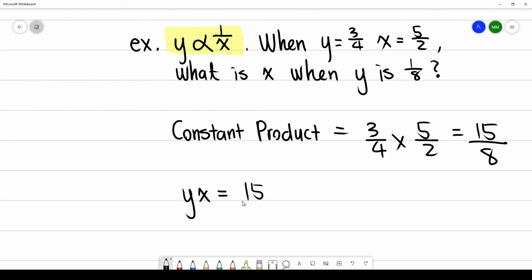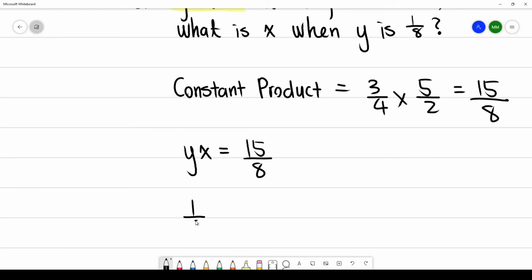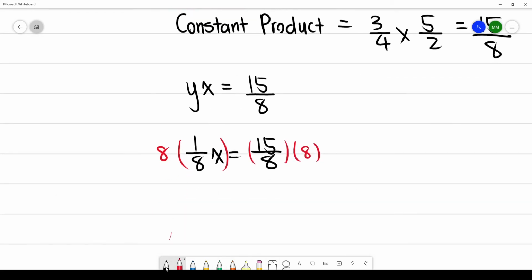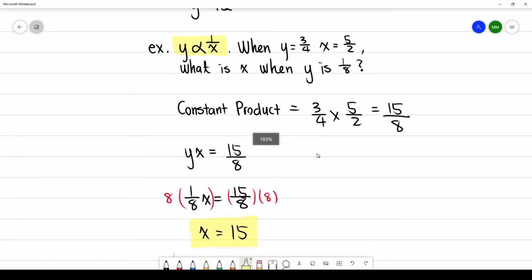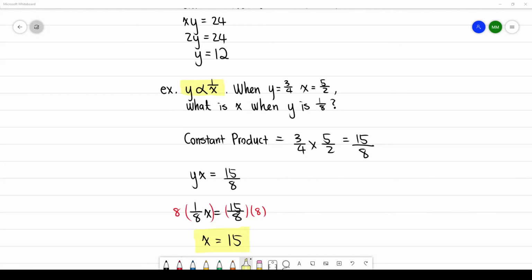So equal to 15 over 8. So 1 over 8 times x is equal to 15 over 8. And when I multiply both sides by 8, I get that x is equal to 15. And it's as simple as that. Not much different, except the numbers are different. Does that make sense? It doesn't matter what the letter is.